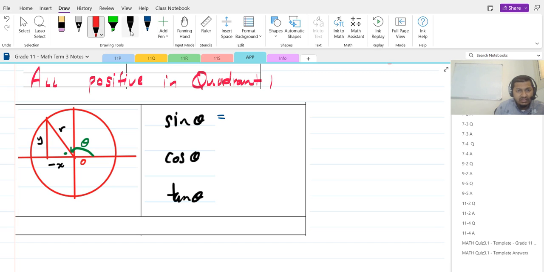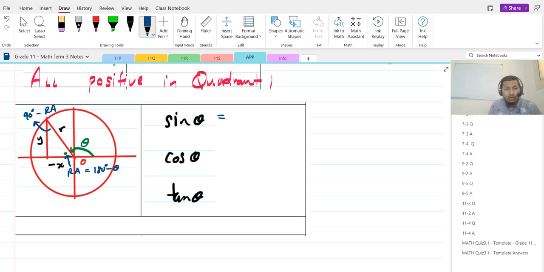See this angle on the inside? We call it the reference angle, or 180 minus theta angle. That's the reason why in the second quadrant this angle is represented as 180 minus theta. Reference angle is basically 180 minus theta, and this top angle is 90 minus the reference angle.